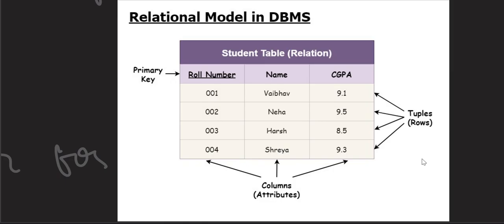Here the name can be repeated. For a student, there might be two Webers or two Nehas in a class, and the CGPA of two people can match also. But the unique one is always the roll number or your registration number. This is unique, so this is called the primary key. This is always unique, and the name and CGPA can be duplicates also.